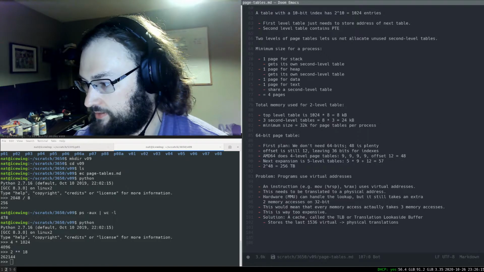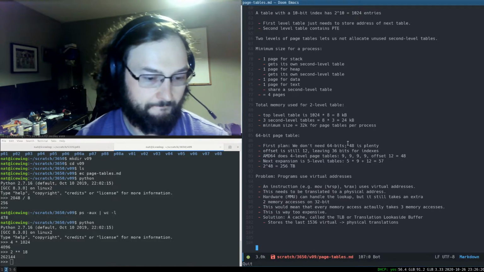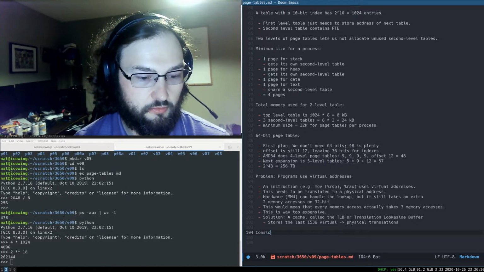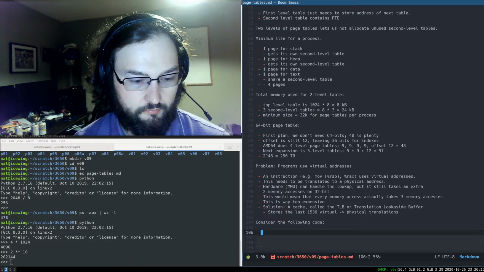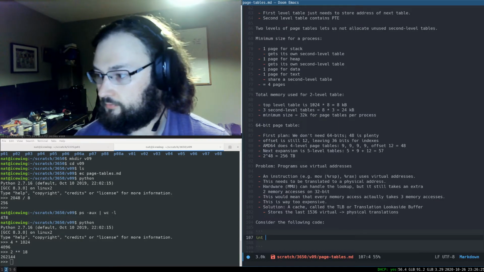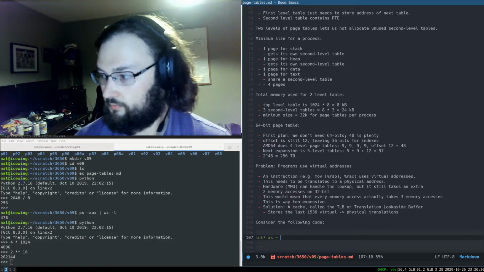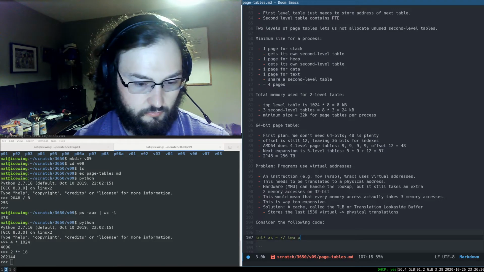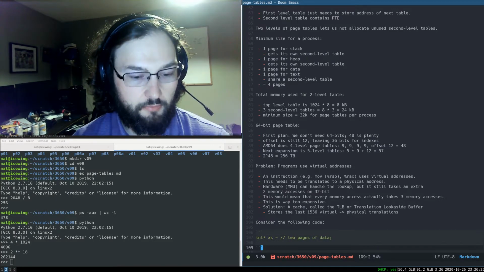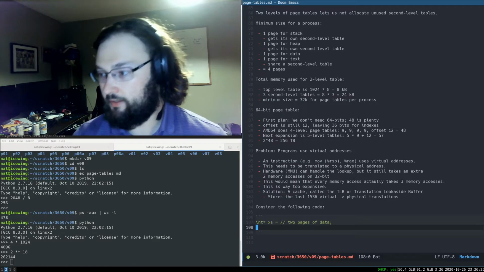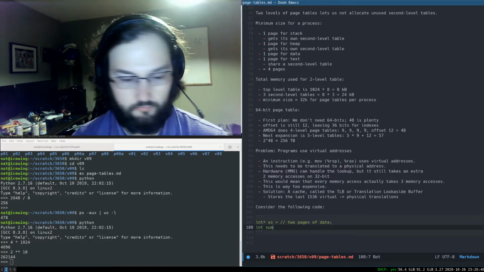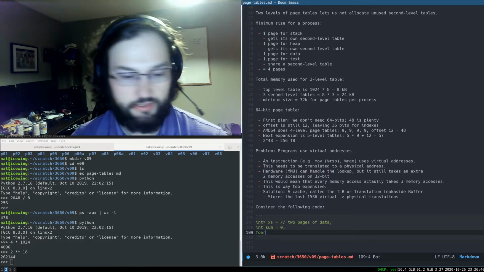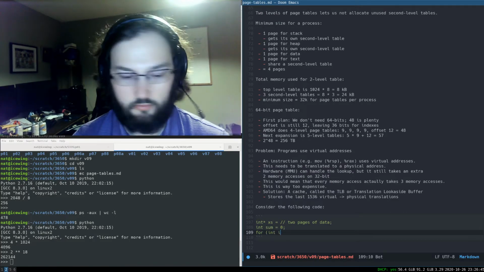So let me do a quick example here. Consider the following code. So we're going to have an int pointer, xs, that points to an array of length 2 pages.